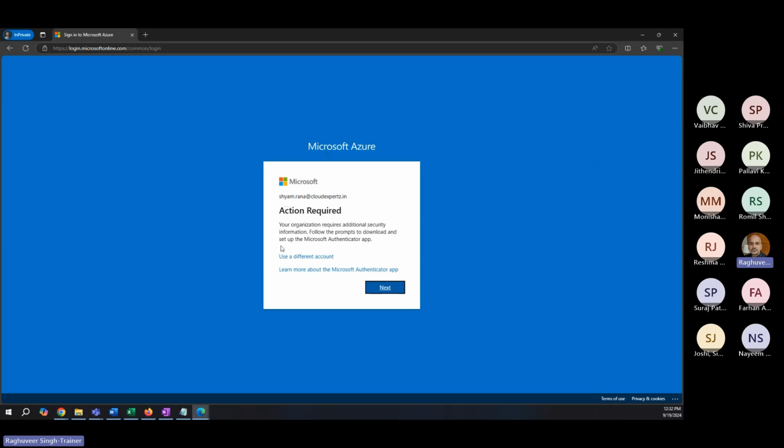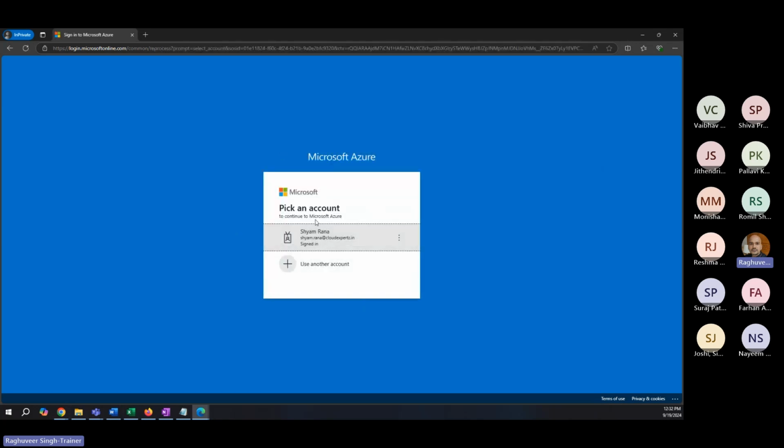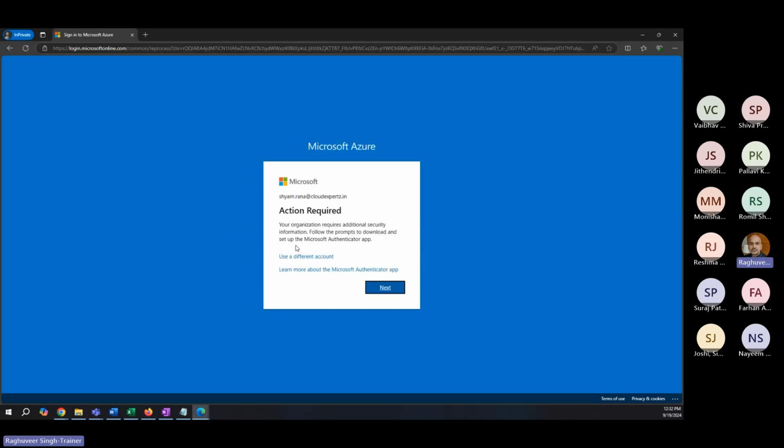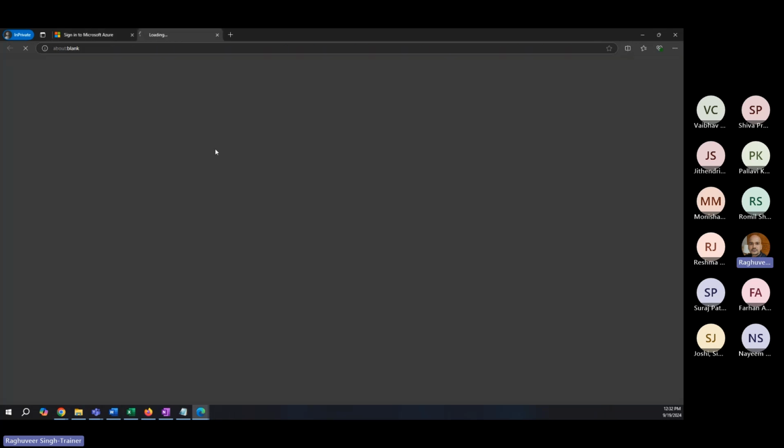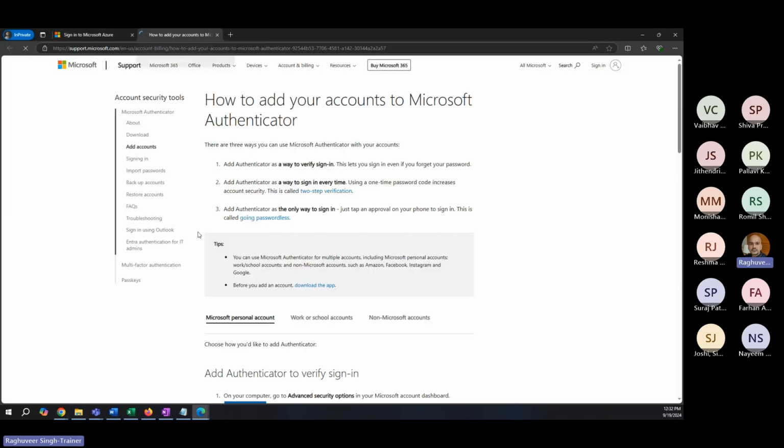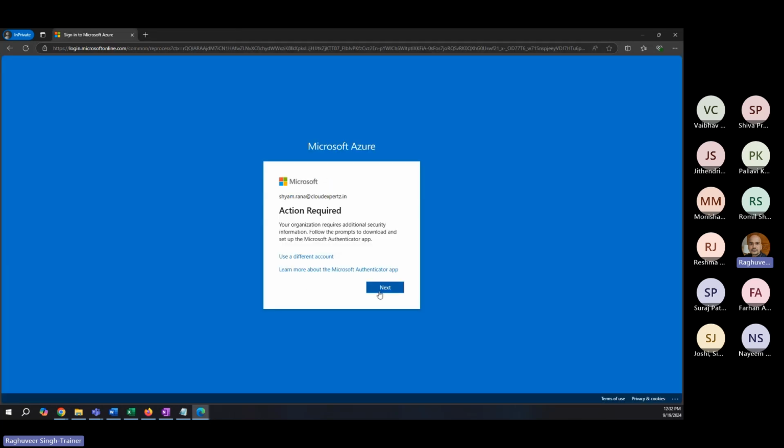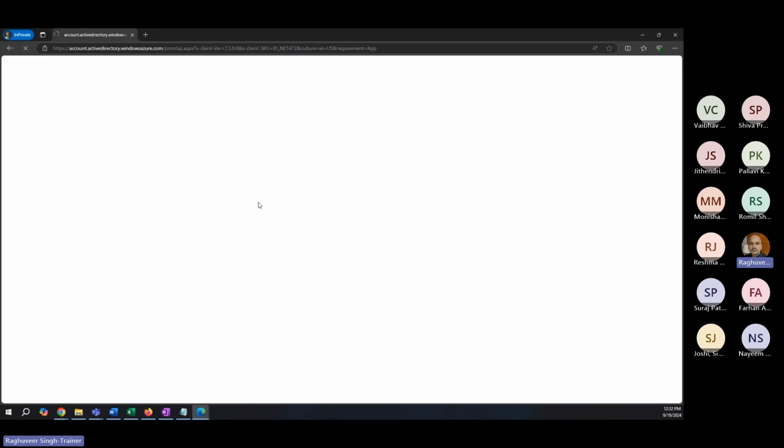However, in this case, Shyam is not getting an option, because if Shyam clicks on use a different account, then it will start the login flow once again. Or if Shyam clicks on learn more about Microsoft Authenticator app, then it opens a documentation that talks about the Authenticator app. And if Shyam clicks on next, then Shyam has to configure the authentication method with the Authenticator app.